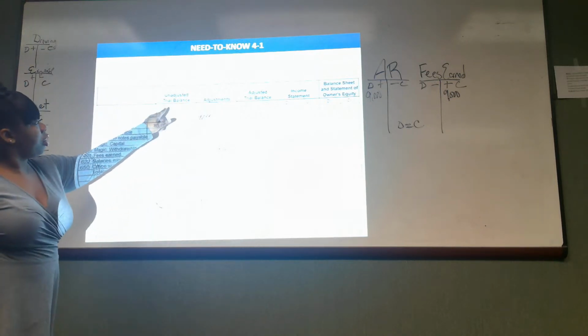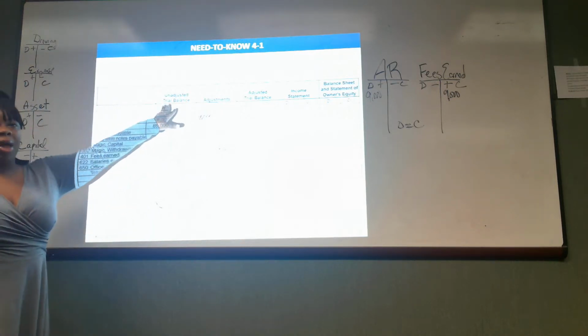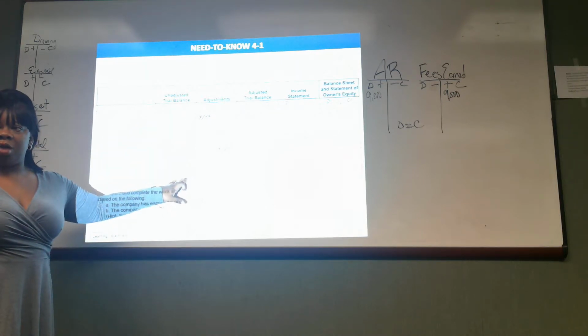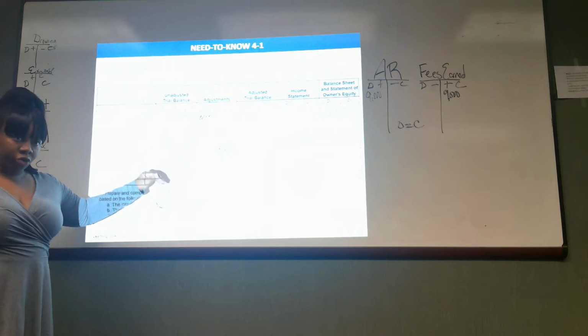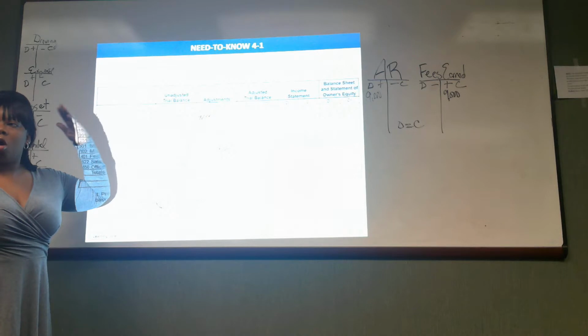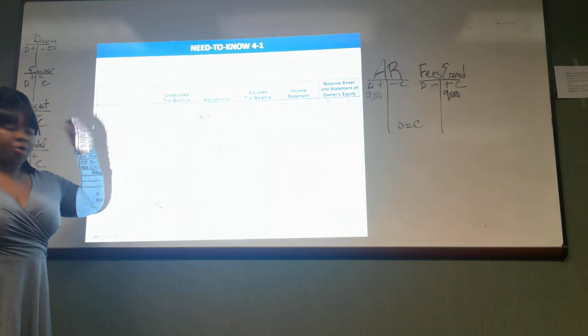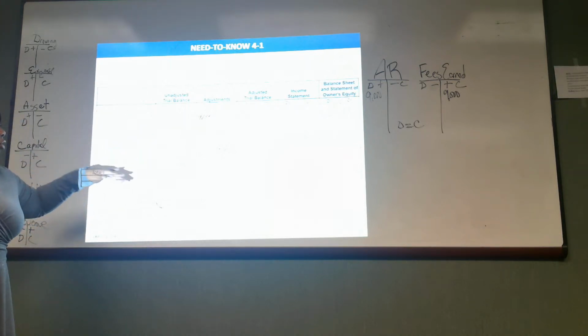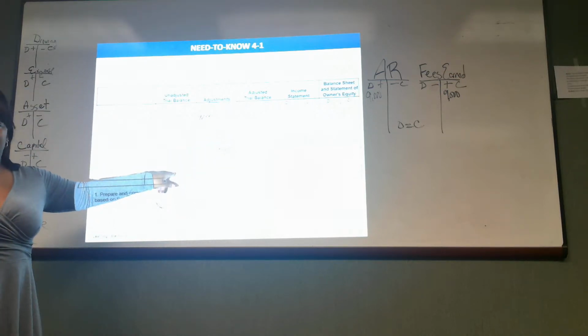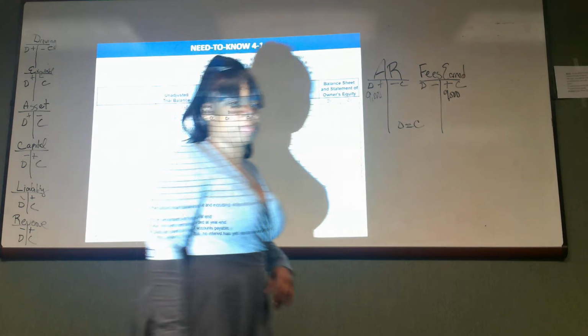If you look here, you see how on the unadjusted trial balance, the debit balance is 188 and the credit balance is 188. This is why it's so important to make sure that your journal entries, your transactions are always in balance. All your debits must always equal all of your credits. So when you do each one of these transactions, you have to stay with that same concept, and you'll see.